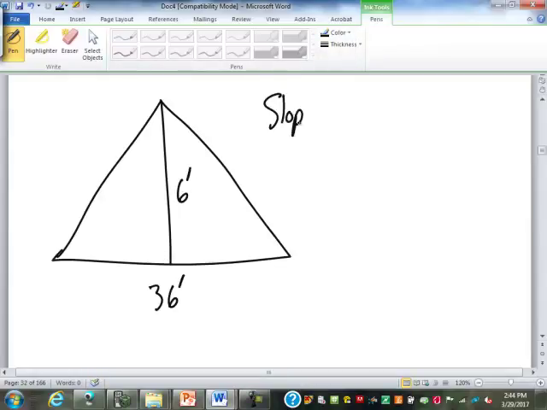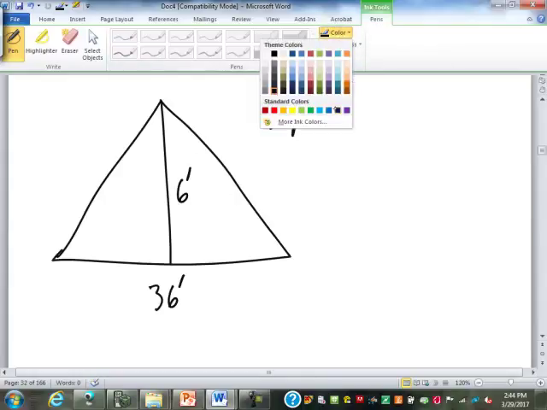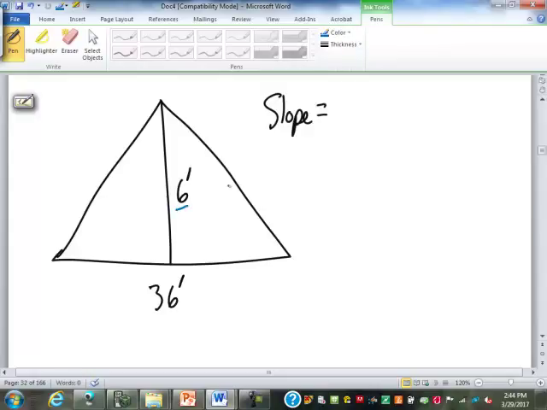What is the slope of this roof? Well, the rise is going to be 6 feet, but what's going to go on bottom here? For slope, I don't use the whole 36. What do I use? Half of it. Good, 18 feet. So 18 feet goes there.